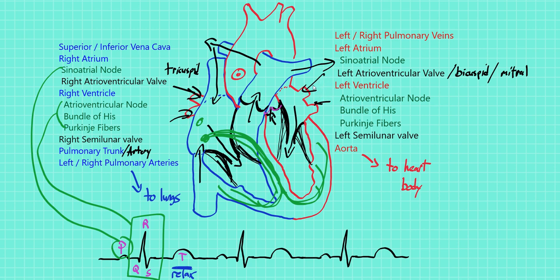Low pressure blood, so we need lots of relaxation so that the blood can go in there easily. This cycle repeats and repeats and repeats. Hopefully this is something that is helpful for you.